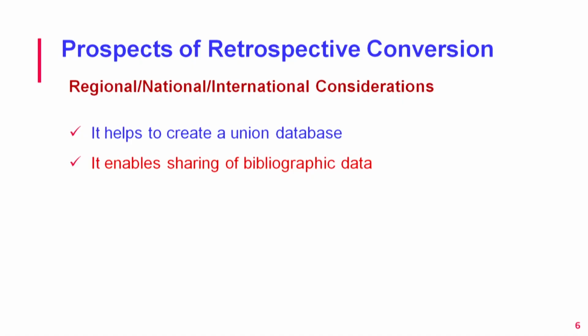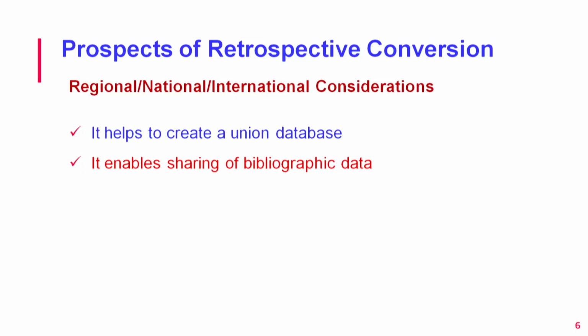It can be helpful in creating union databases and also sharing of bibliographical data within libraries or among libraries at national or international level. It also facilitates collection rationalization. That means for a particular library, the collection, the holdings and all the details of that library's collection will be known at national and international levels.